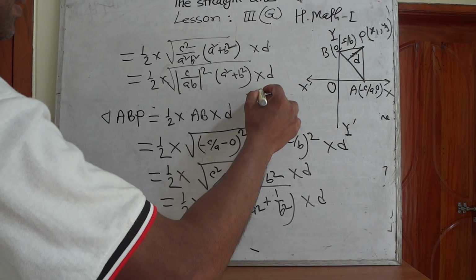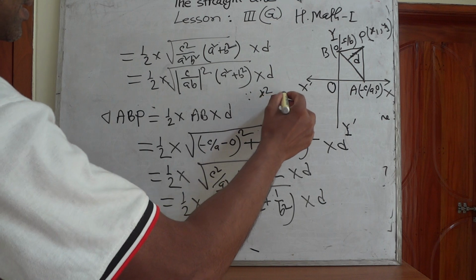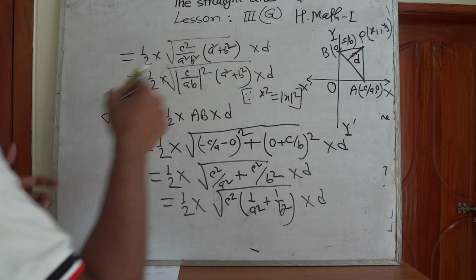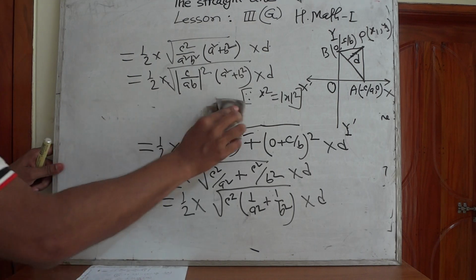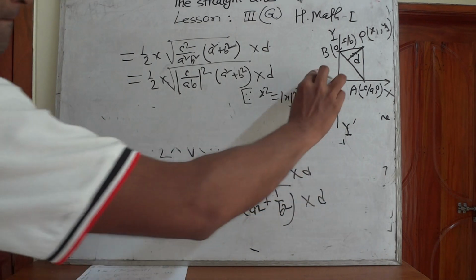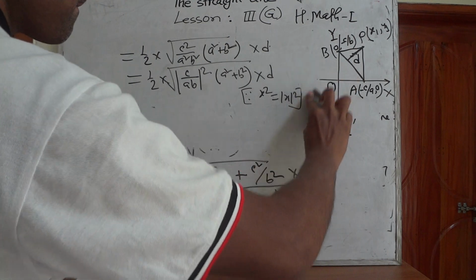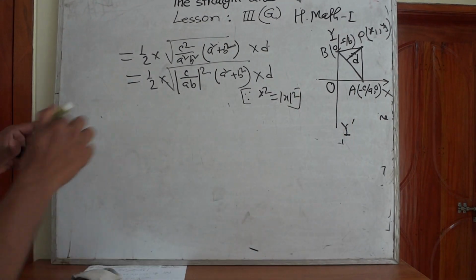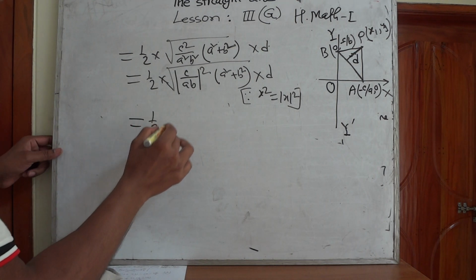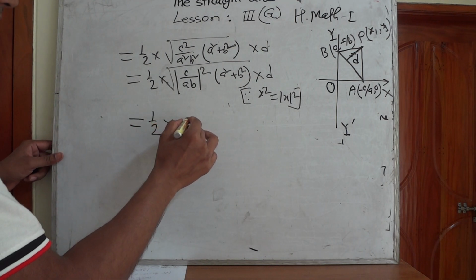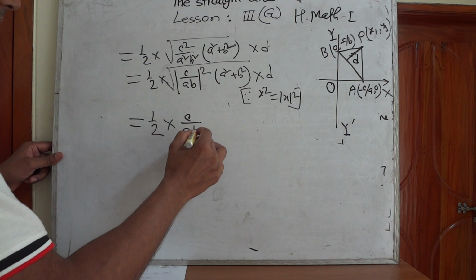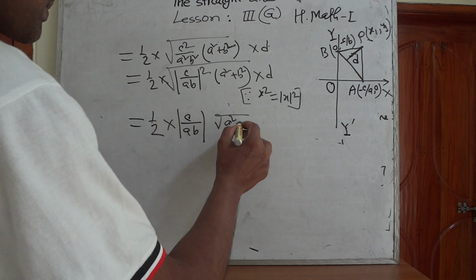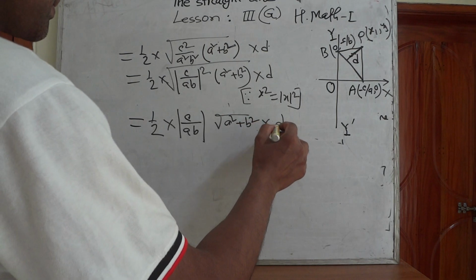As root of x square equals the absolute value of x, this equals half into absolute value of c by ab, square root over a square plus b square, into d.